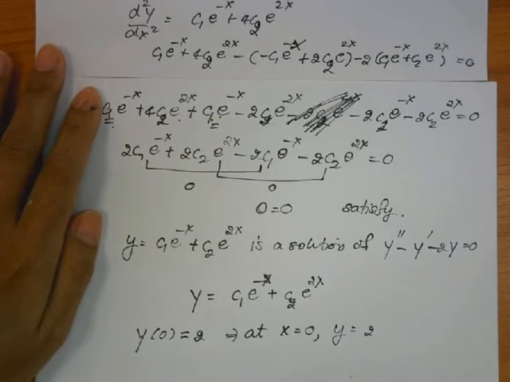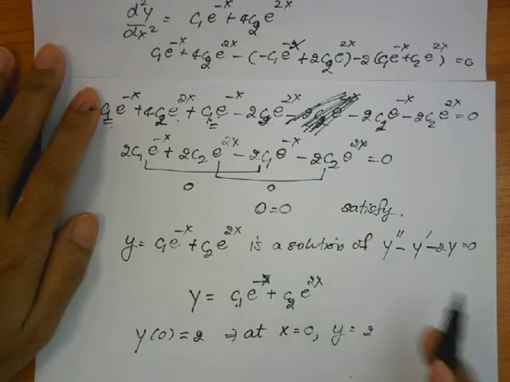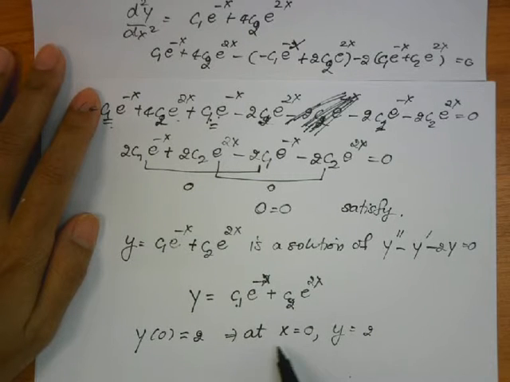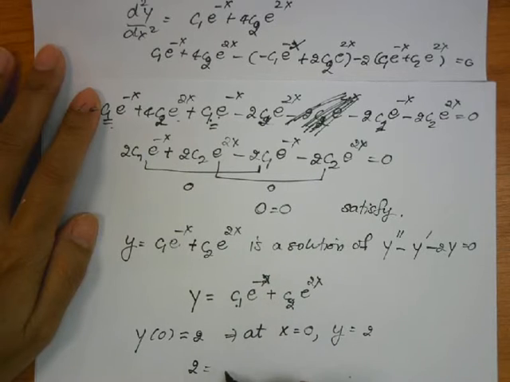And then you just plug into your solution, because now you know that this is the solution of your differential equation. So you just plug this boundary in, you would get 2 is equal to c1 plus c2, since exponential of 0 is equal to 1, right? That is the first equation.